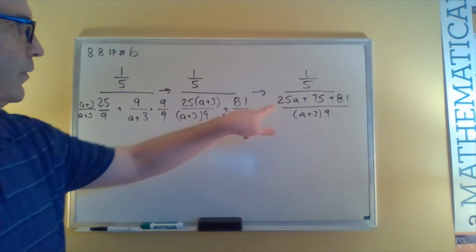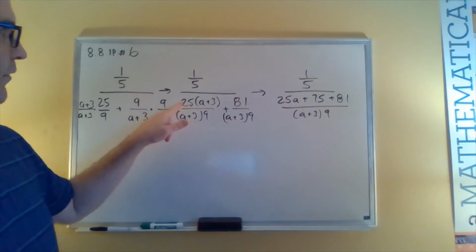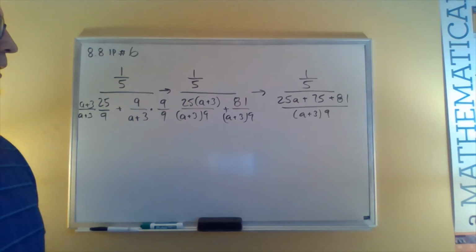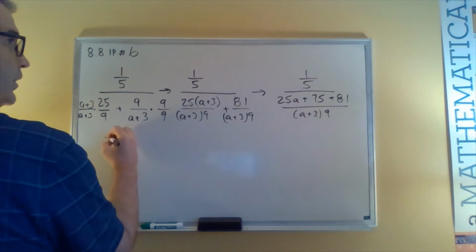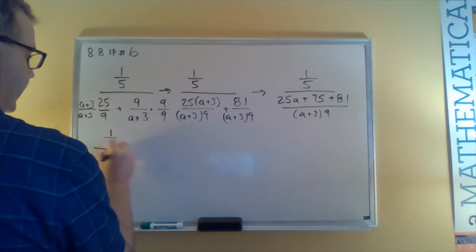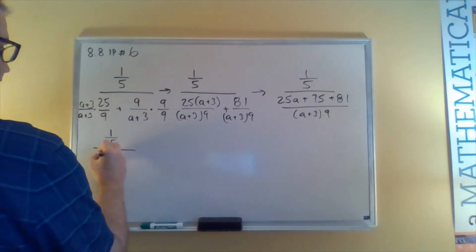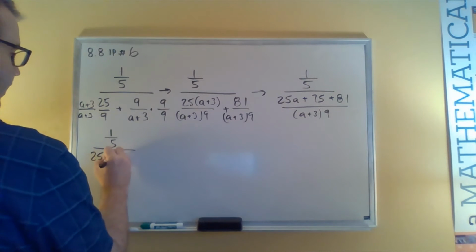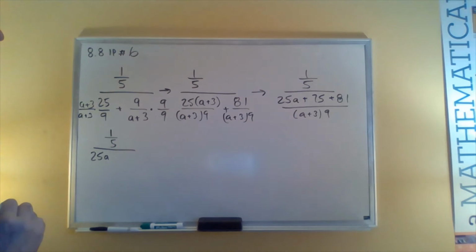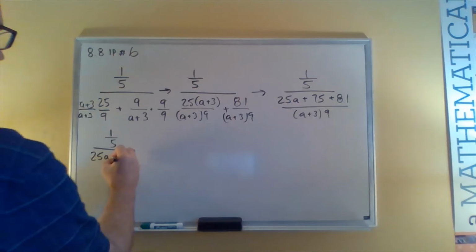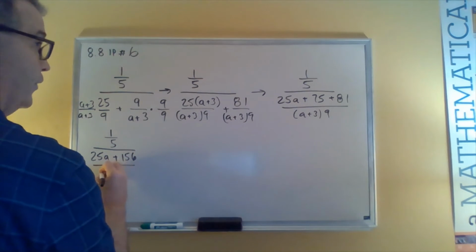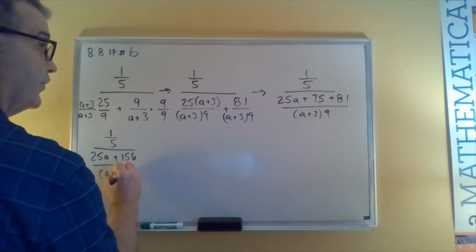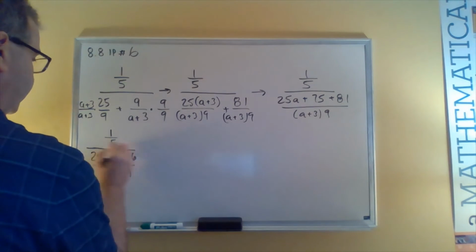So all I did here, when I have 25a plus 75, I just distributed that 25 through the a plus 3. Now I have 1 over 5. Still got a little simplification I can do here. I'm going to have 25a, 75 plus 81, that's 156, all over a plus 3 times 9.